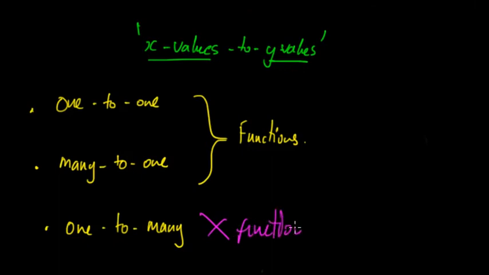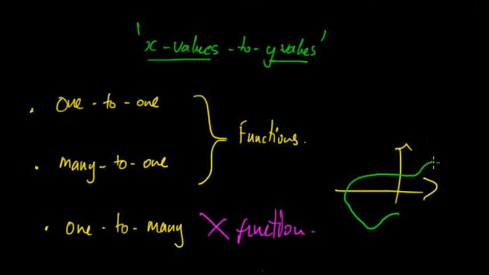The last one is one to many, but you still need to know it, and that's one x value to many y values. That is what we looked at before, with equations such as this one here, where horizontally it's fine, but vertically it's not.